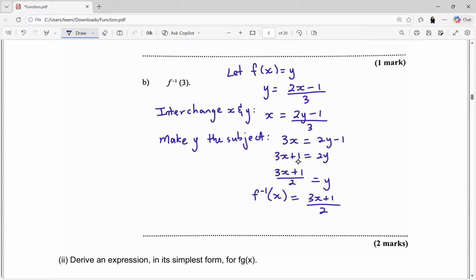Now f inverse of 3, you would replace x with 3. So that'll be 3 times 3 plus 1 over 2, which gives me 3 times 3 is 9, 9 plus 1 over 2 is 10, 10 divided by 2 is 5. So the answer is 5. F inverse of 3 is equal to 5.